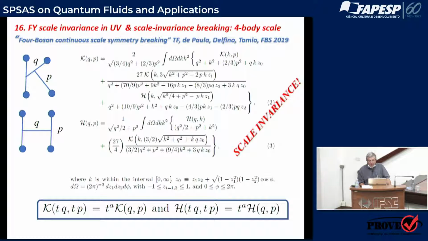Okay, then we look at this problem just to see, okay, scale invariance should be in these equations, and it should be broken to a discrete one. But the equations, as you see, are quite complicated and depend on two variables. Okay, I have a third particle, a fourth particle, so instead of one variable, I have two.